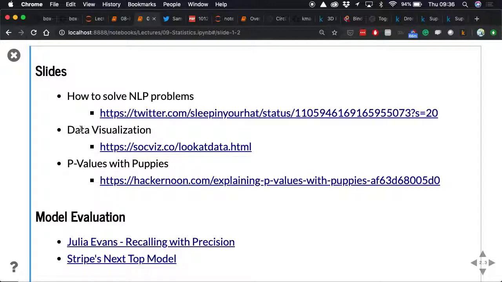The second one is data visualization, which I think is incredibly important for understanding what you're looking at, then presenting it to other people and getting a clear idea of what's going on. There are a number of resources that have more on this. P-values with puppies is a slightly less serious article, but I think it's from the chief data scientist, or some title like that, at Google.